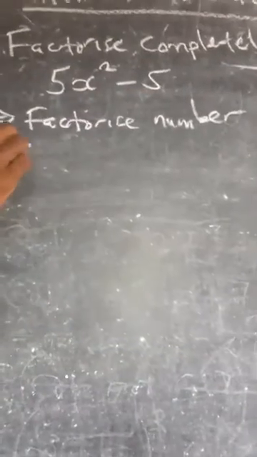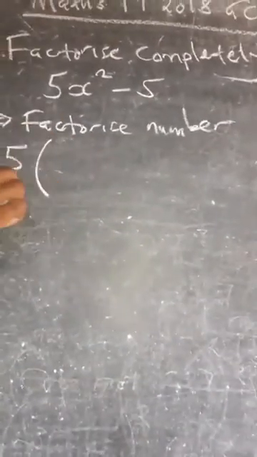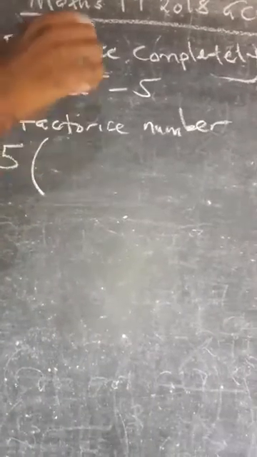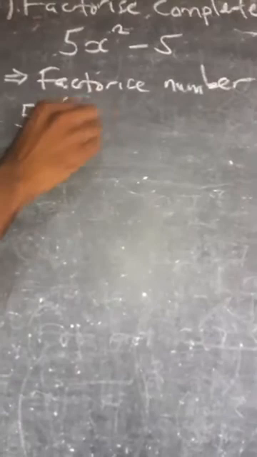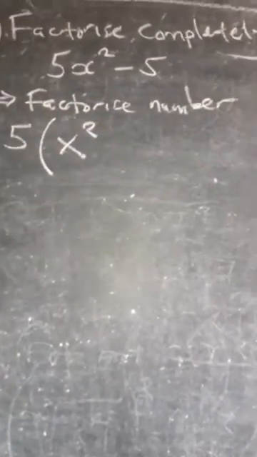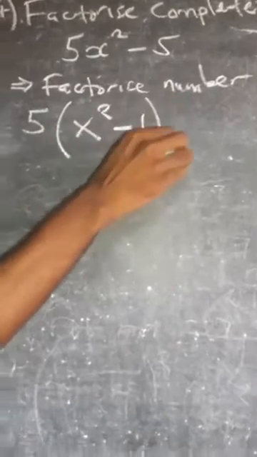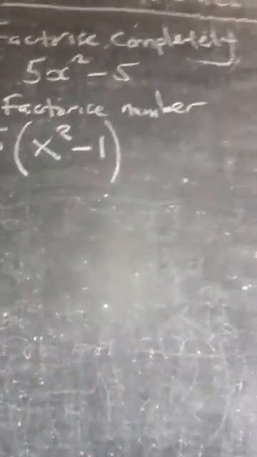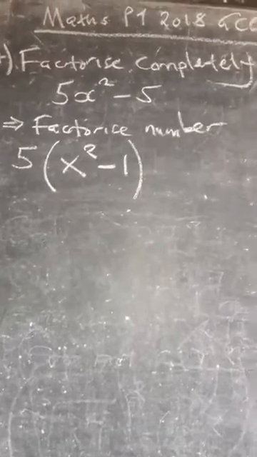So 5 goes outside. So you say 5 into 5x squared: the 5 cancels, you remain with x squared. 5 into 5, that's just minus 1. So we have x squared minus 1.